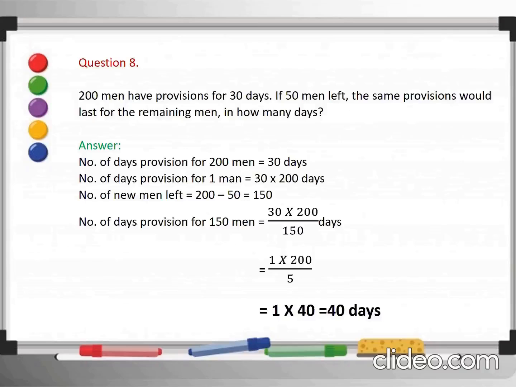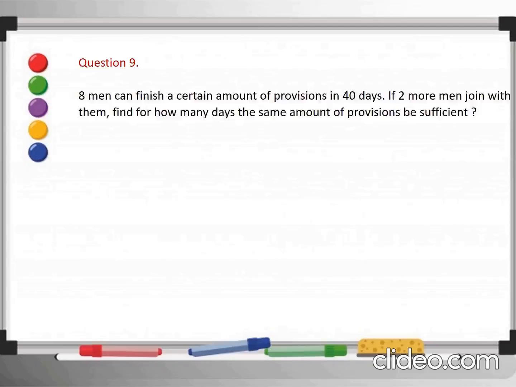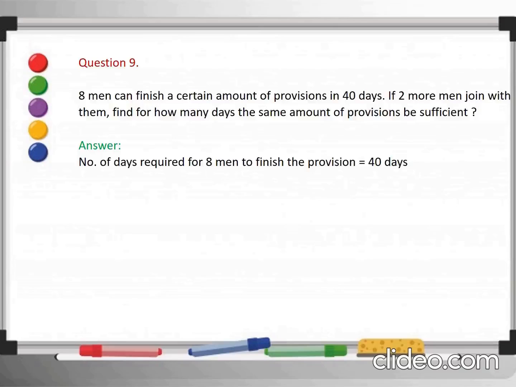Next question, question number 9. 8 men can finish a certain amount of provisions in 40 days. If 2 more men join them, find for how many days the same amount of provisions will be sufficient. Here, number of days required for 8 men to finish the provision is how many days? 40 days.